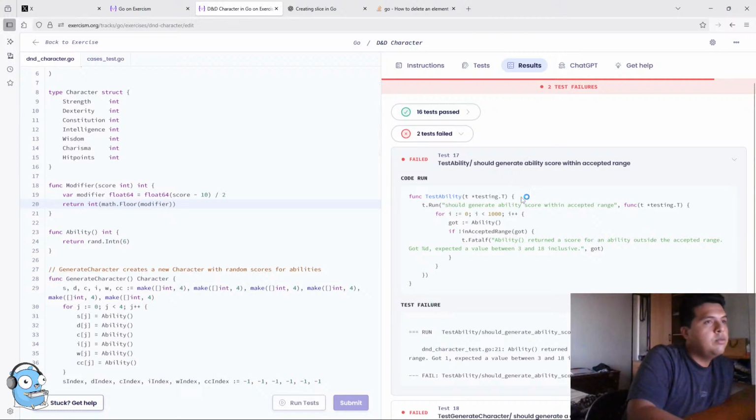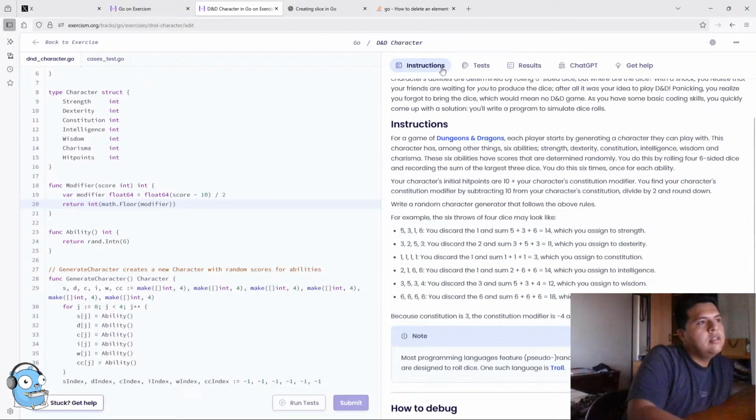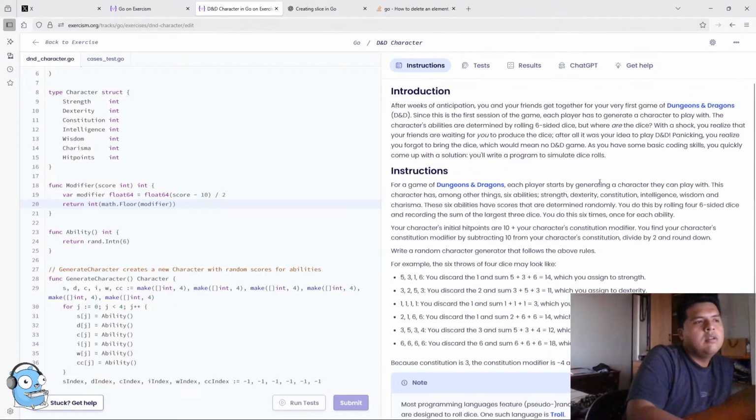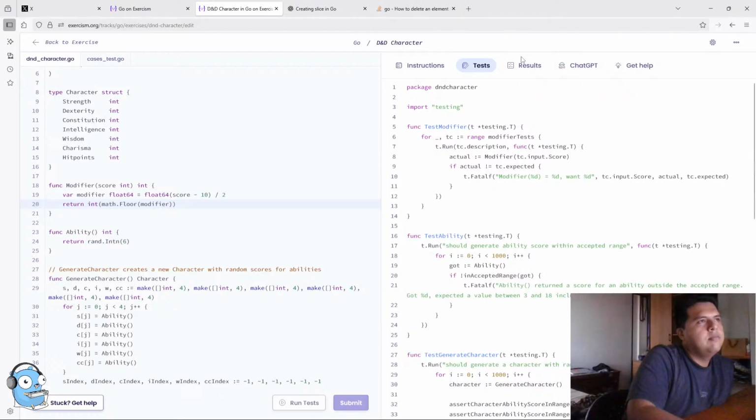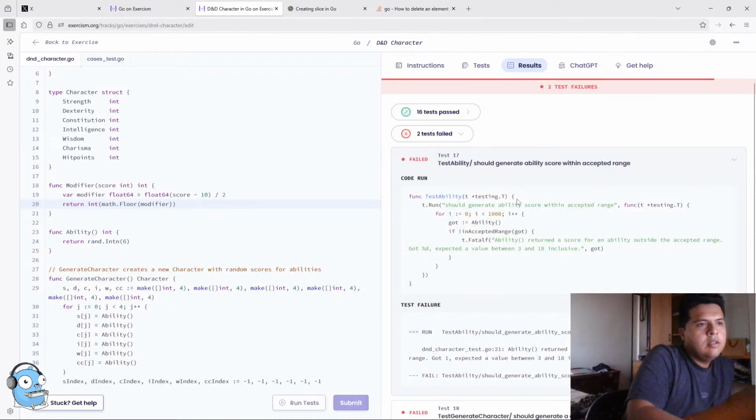Should generate ability score within acceptance range. So a score for ability outside the acceptance range. This ability has a score determined randomly, 4 dice, between 3 and 18.